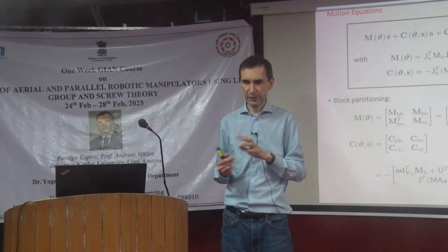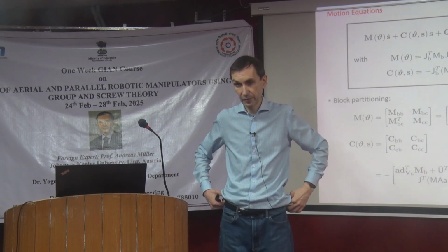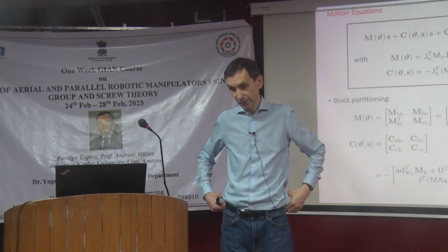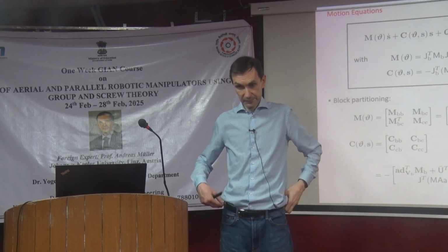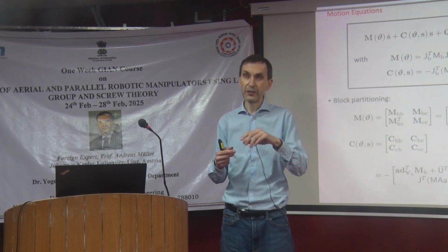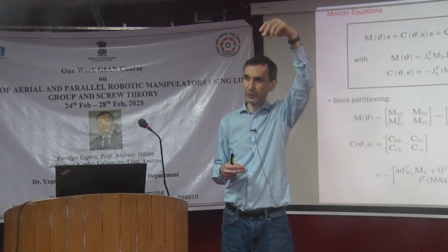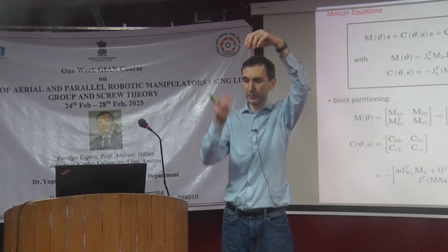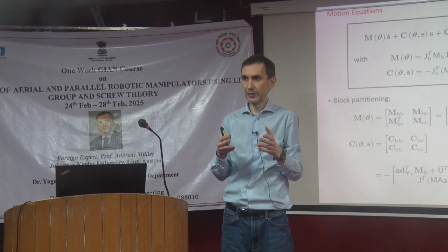But then you have to be very careful what kind of frequencies, what kind of excitations you use, because you want to avoid nonlinear effects. Then you measure at the end effector what comes out, and what you get is an input-output relation.